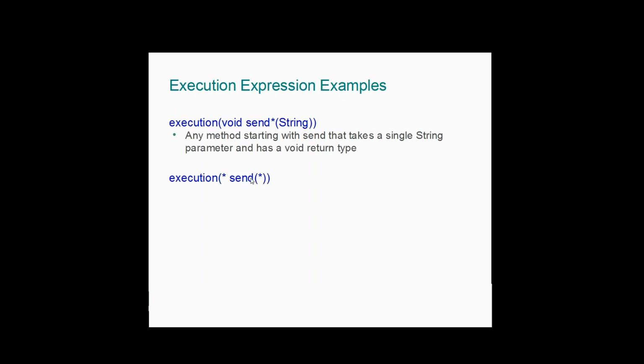Okay, so what does this say? Any method with the name send, and it doesn't matter what parameter it takes and what it returns. But it will take only a single parameter, if I'm correct.